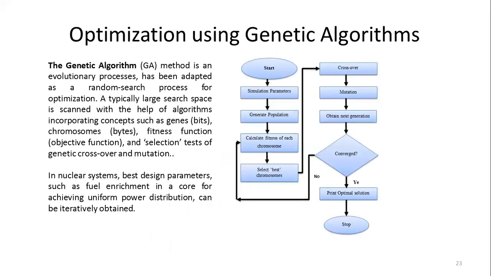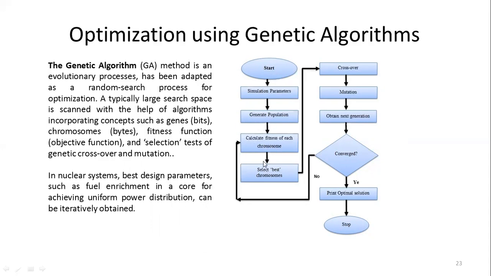Now, another method that I would like to very briefly go through is genetic algorithms, which is shown over here. You start, carry out a simulation, generate a population, calculate the fitness of a chromosome by calling the function of interest over here. So you make several calls over here and you calculate the fitness. In other words, how good is every member of your population.